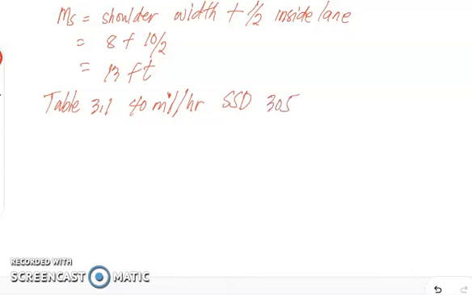So we're going to check now our M sub S. The formula is R sub V times 1 minus cosine of 90 SSD all over pi times R sub V.